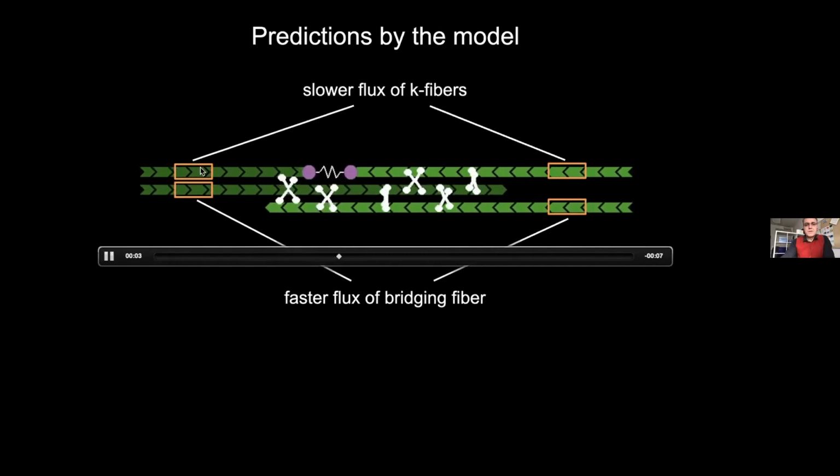Of course, this difference is always present, but when the kinetochore fiber is longer, its polar flux is closer to the flux of the bridging fiber, whereas when this K fiber is getting shorter, the K fiber slows down.